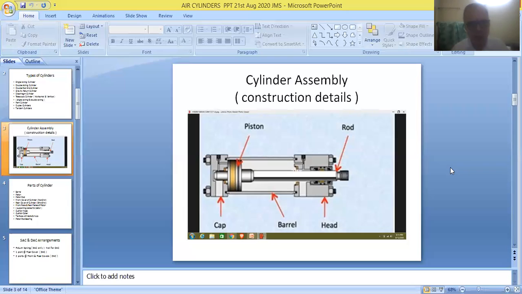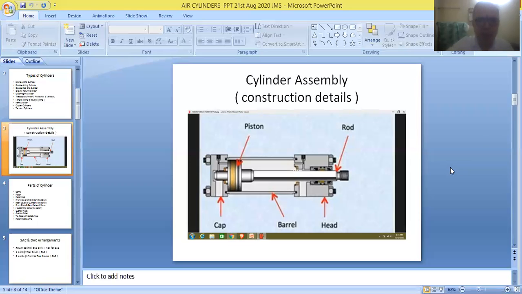And when the piston moves in reverse direction, the tool will also move in reverse direction. So friends, fluid pressure is used for operating the piston, and ultimately the piston is used for operating the tool of the machine. These are the various components of this cylinder assembly.